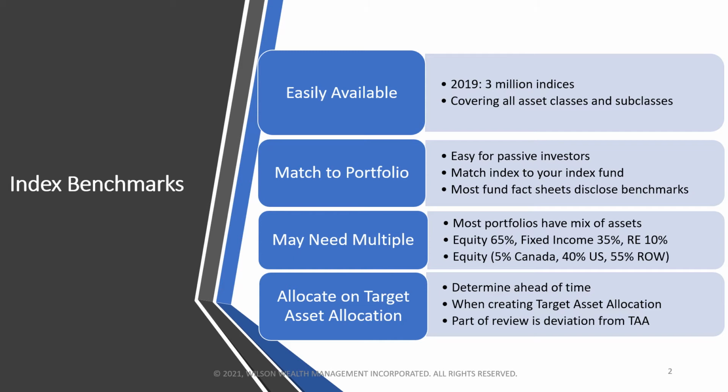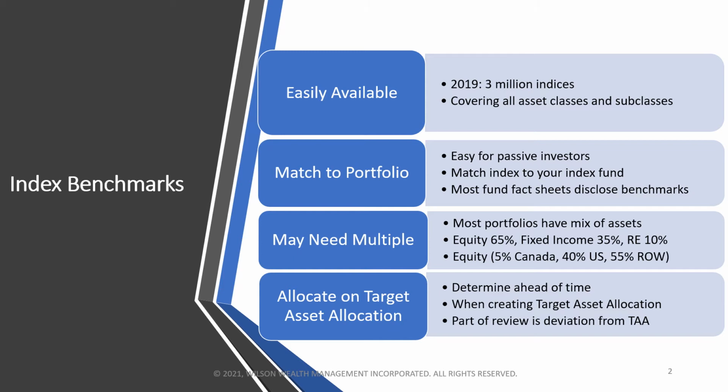And even within, say, the equities, if we have 65% of our portfolio allocated to equities, we may have 5% allocated to Canada, maybe 40% allocated to the United States, and 55% allocated to the rest of the world.